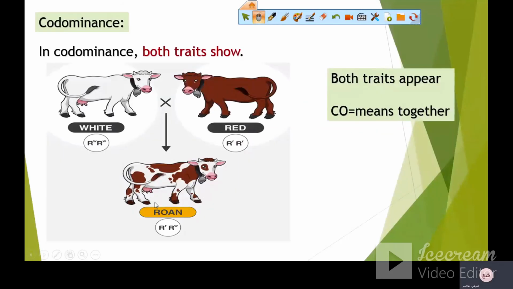But what's meant by codominance? Co means that both of them will be shown. If you got these two cows, one is white and the other one is red, look at this, both colors will be shown. So it's called codominance. Both traits will appear.